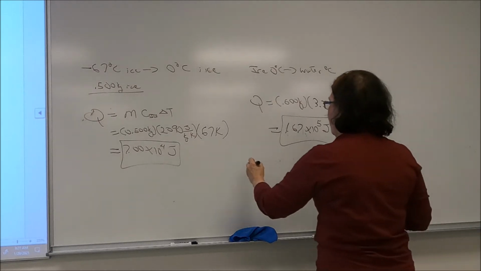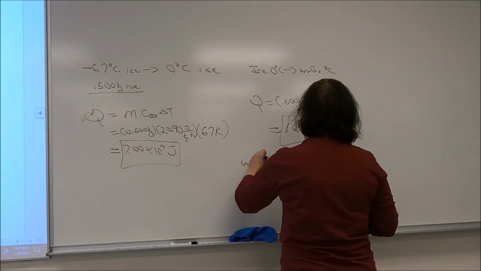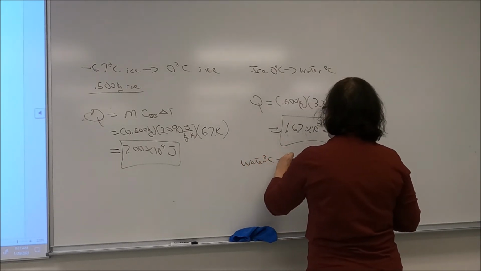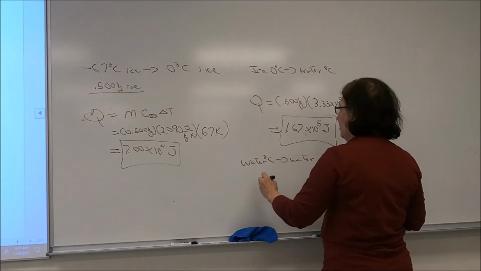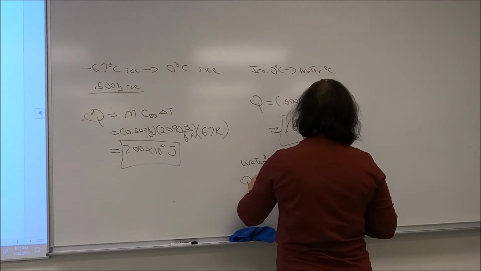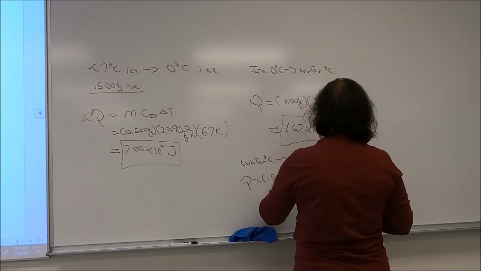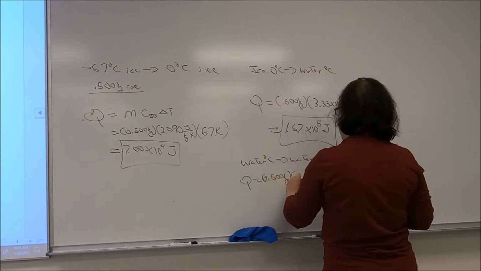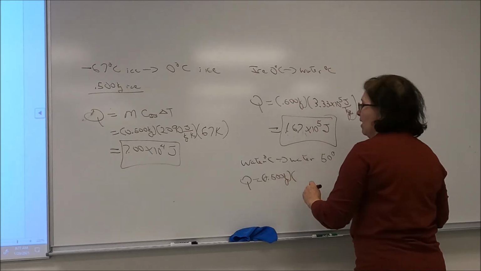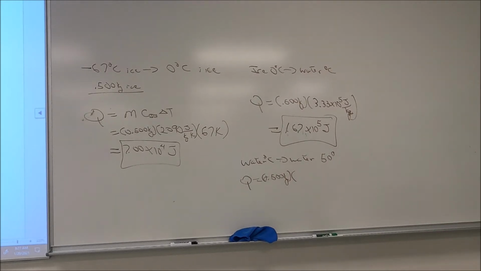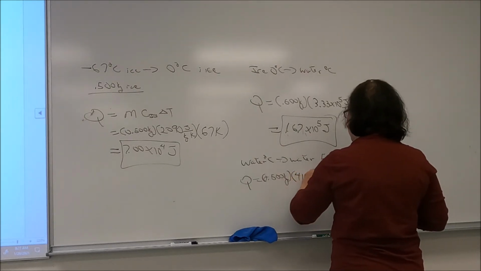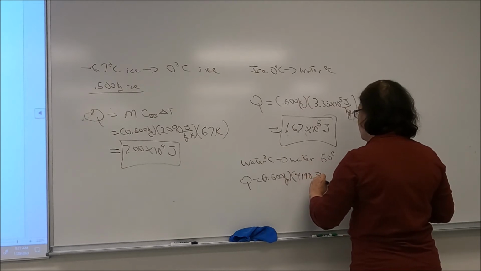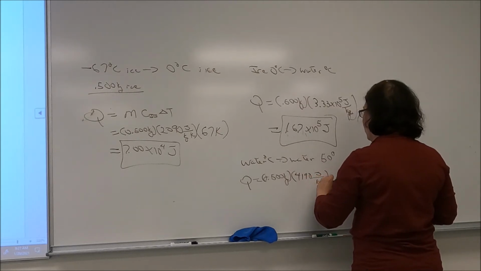Now if I want to go from water at 0 degrees C to water at 50 degrees C, Q is going to equal the mass, 0.500 kilograms, times the specific heat capacity for water. And the specific heat capacity for water is 4,190 joules per kilogram Kelvin.